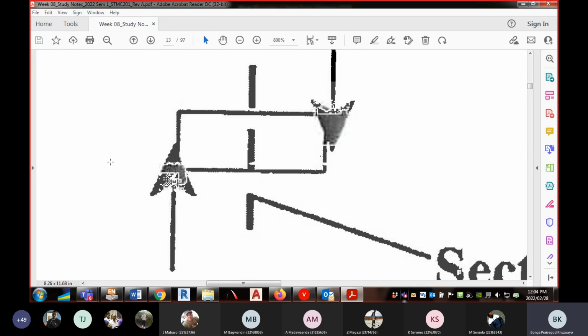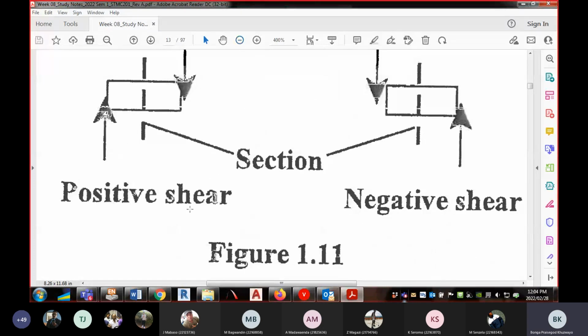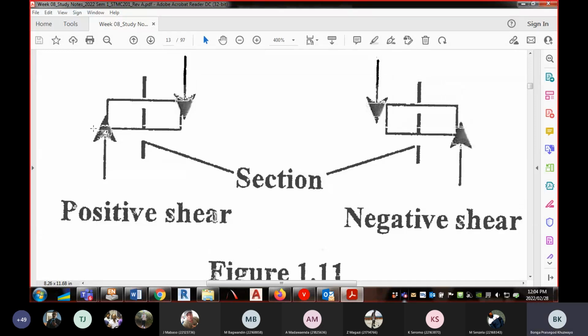If the algebraic sum of the forces to the left is up, we will take that as positive shear. That's all you need to know, because for the rest you just apply the laws of equilibrium.